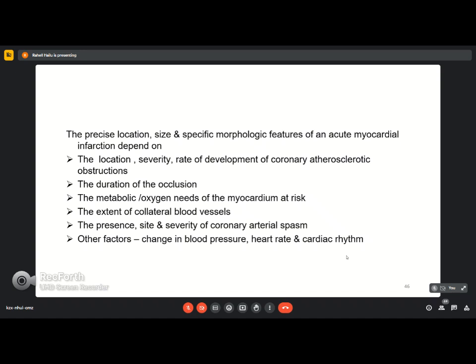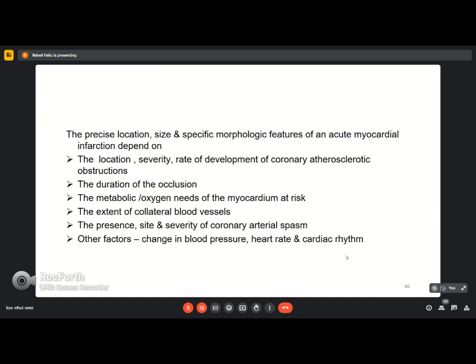And the site and the severity of coronary artery spasm: in an already obstructed vessel, if there are spastic responses, then that even worsens the occlusion, and that's the ischemia.